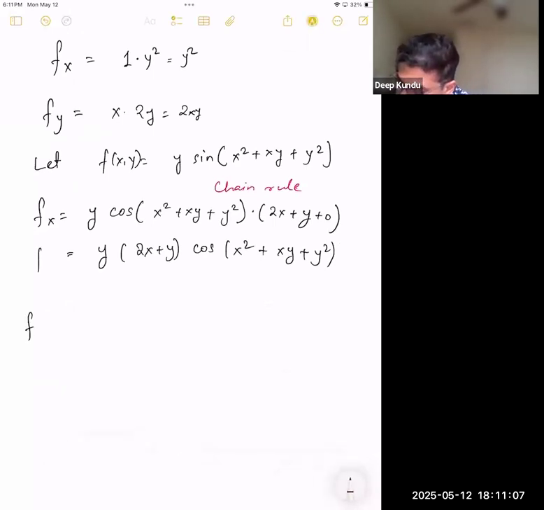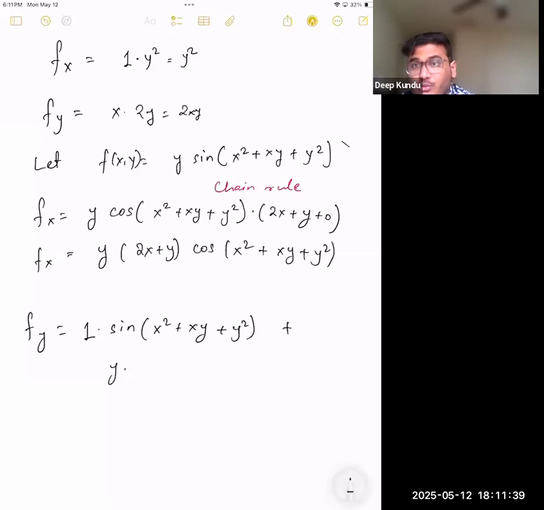So this was f sub x. Now f sub y. This is y times sine of a function which includes y, right? So we have a product of two functions, so we will have to use the product rule. So it would be the derivative of y with respect to y, so 1, times sine of x squared plus xy plus y squared. And then we have the derivative of this whole thing with respect to y.